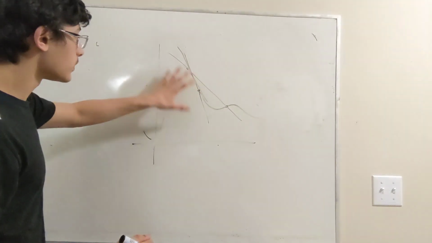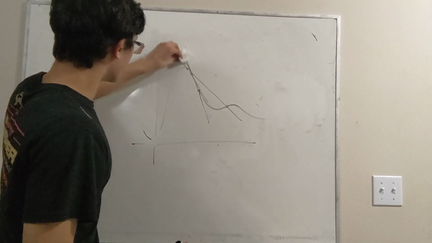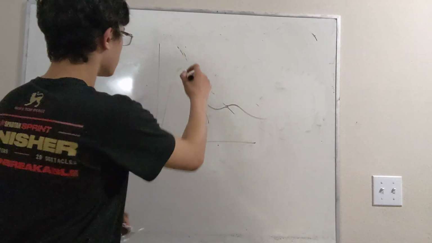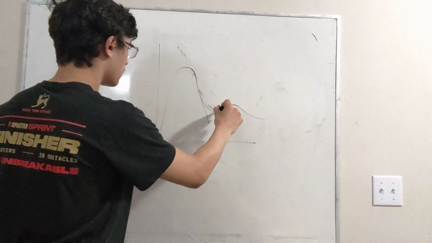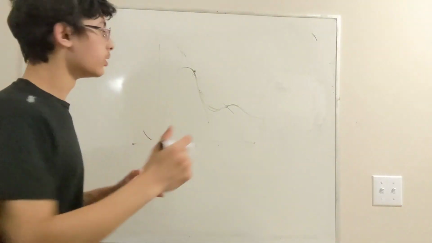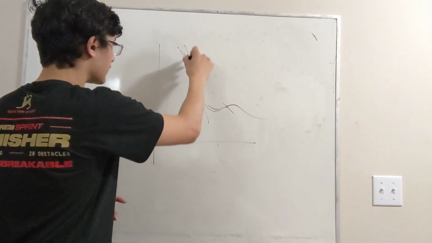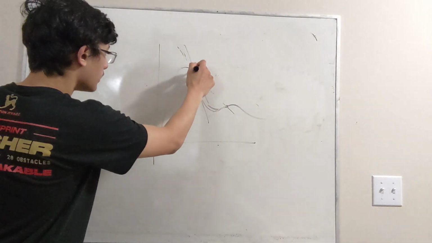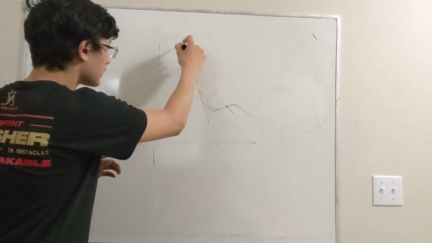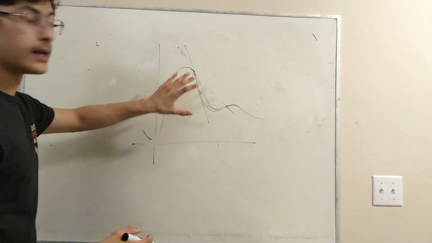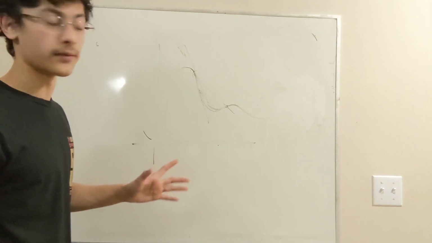And you can see as we bring our second point closer and closer, we get closer and closer to the actual line at this point. First it started out here, then here, then here, and we're slowly getting closer to this actual line that we're trying to find.